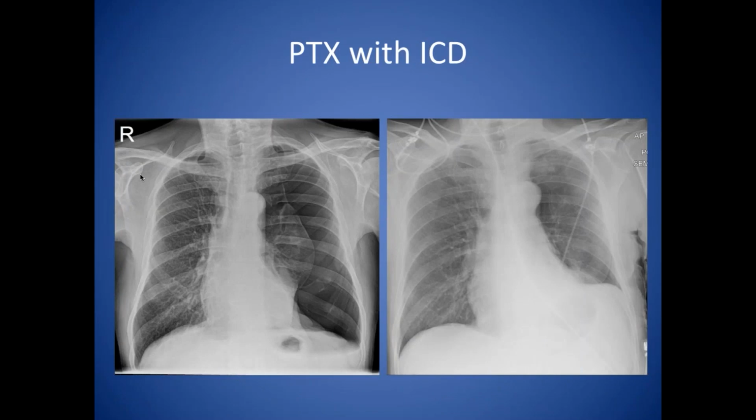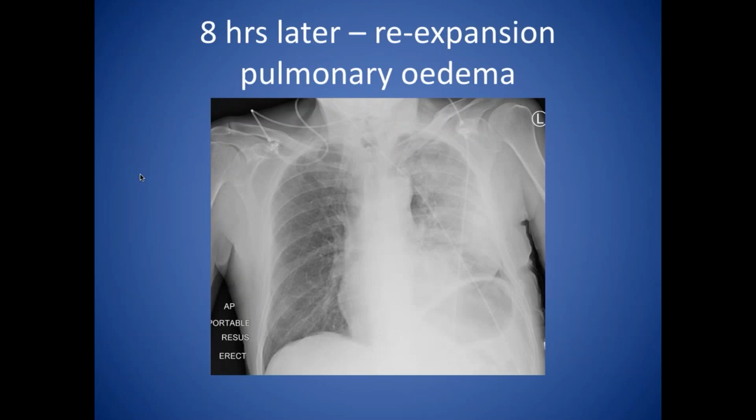Patient has a pneumothorax. This gets treated with an intercostal drain, and this is the film about 2 hours later. So it shows that the lung is not fully, but nearly fully reinflated, and the patient actually felt very well. 8 hours after the initial presentation, the patient then goes on to feel unwell, and you can see that there's re-expansion pulmonary edema.